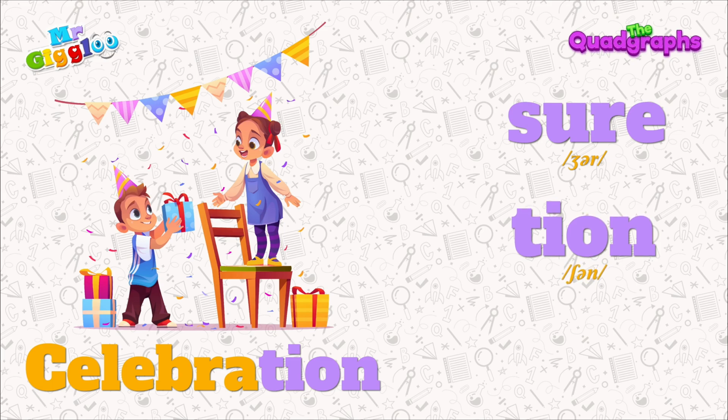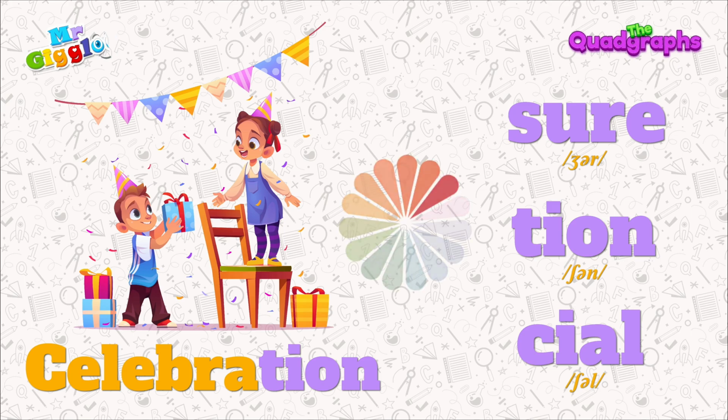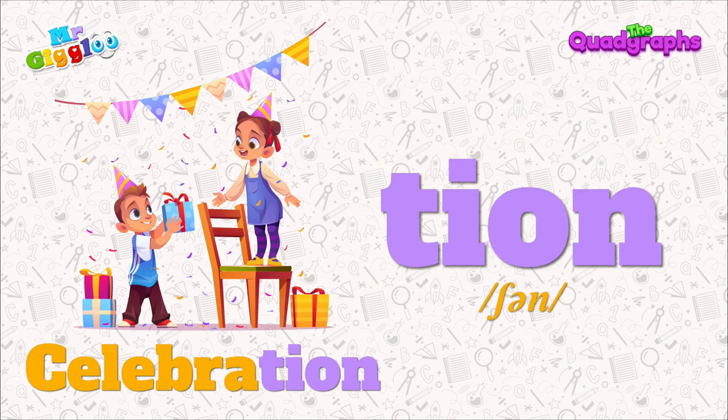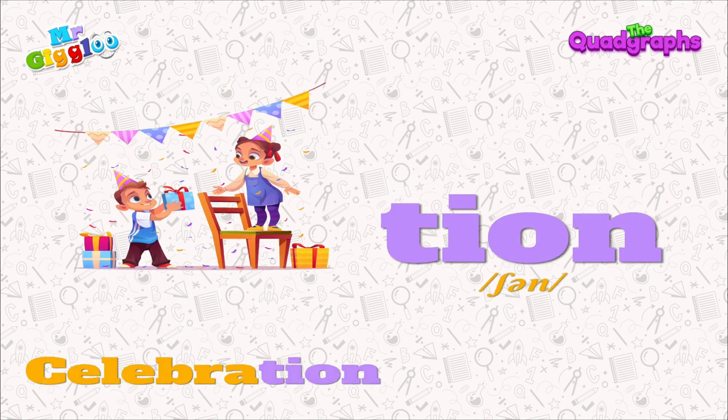Match the next quadgraph. Celebration, and the options are SURE, TION, CIAL. Now you match the quadgraph with the word. Yes, the correct answer is TION. Celebration.